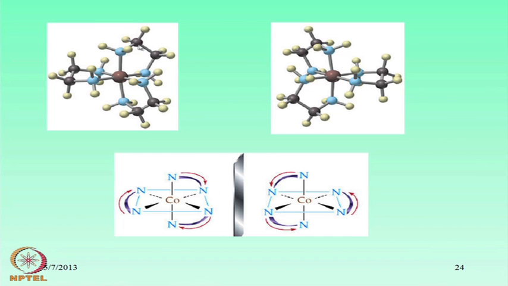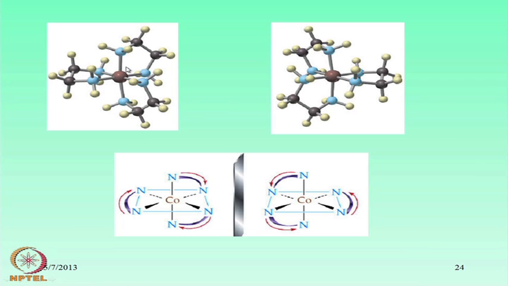So, this is the corresponding chelate ring. This is the ball and stick diagram we get by determining the X-ray structure, and the ORTEP plot gives a similar arrangement, which is the corresponding 3-dimensional arrangement.